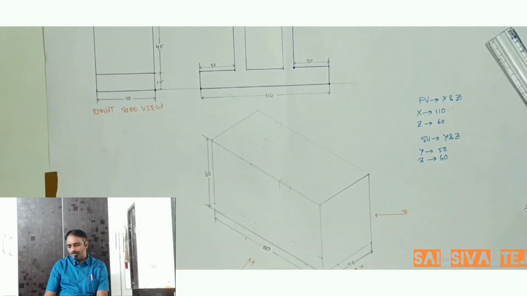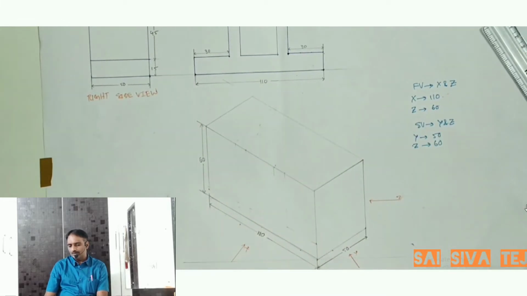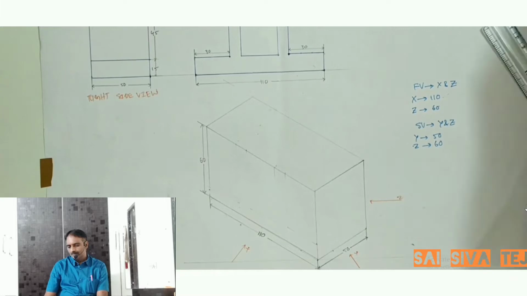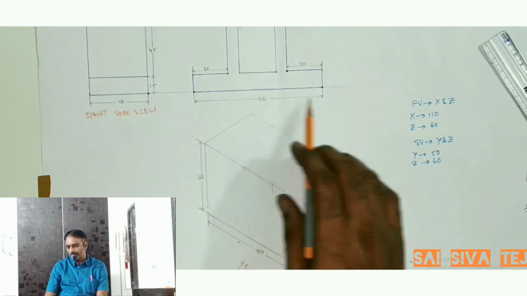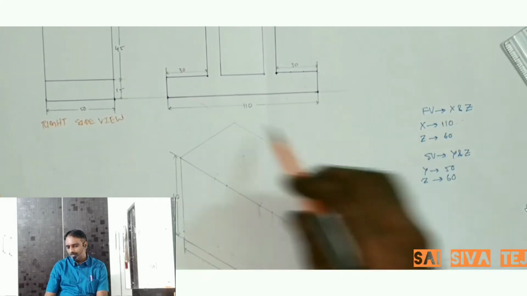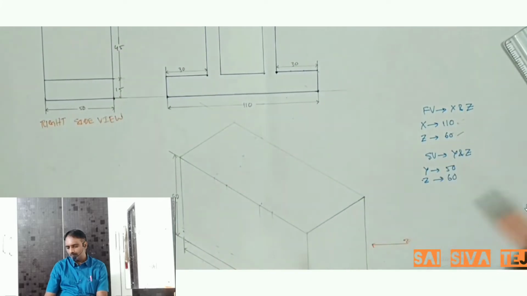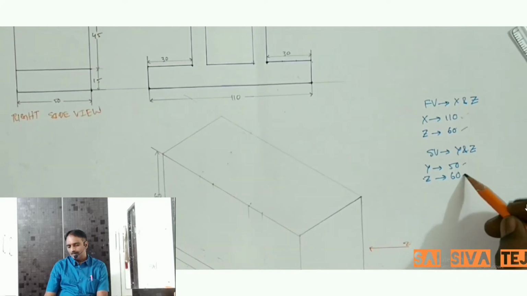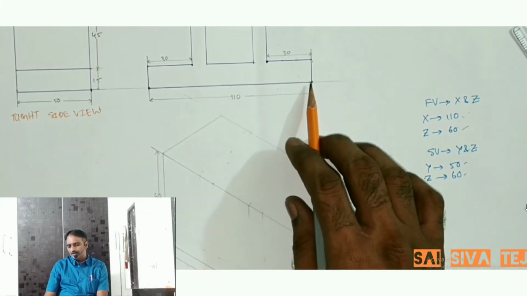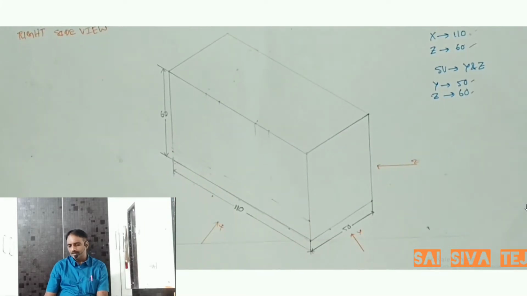As the right side view is given, we have to consider the front view as shown, and from the front view the length of x is going to be 110 and z is going to be 60 units, and from the side view the length of y will be 50 and z will be 60. And already the cuboid has been represented here with the knowledge of these x, y and z lengths.